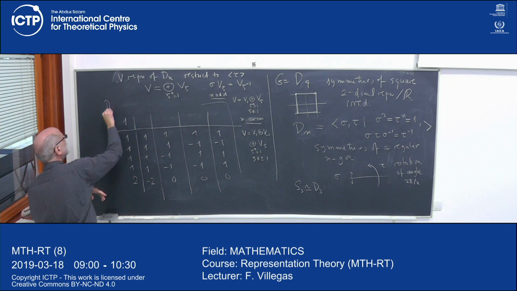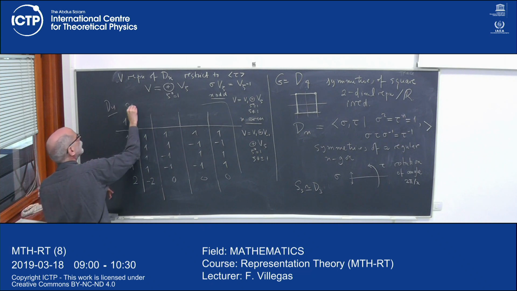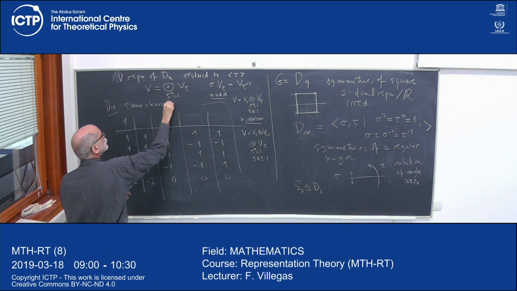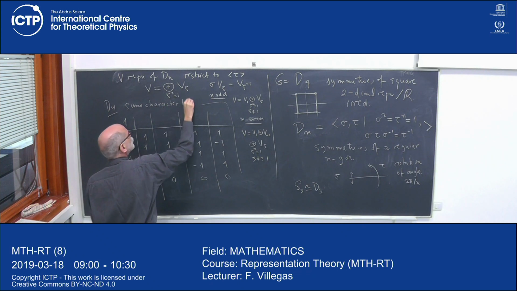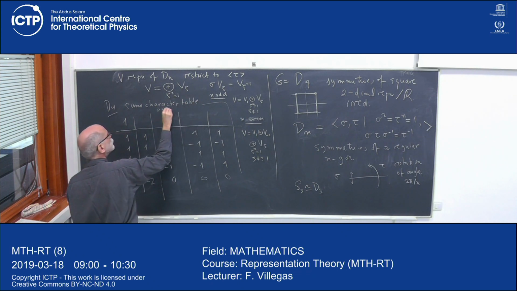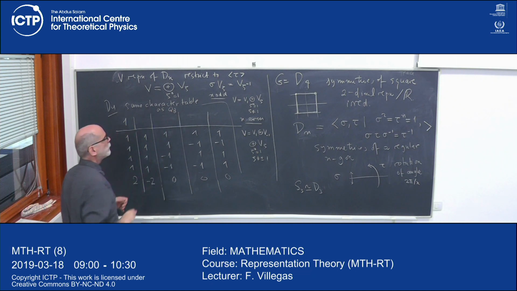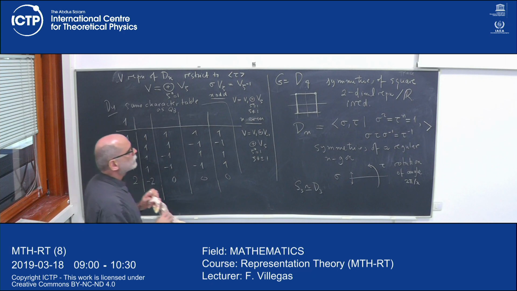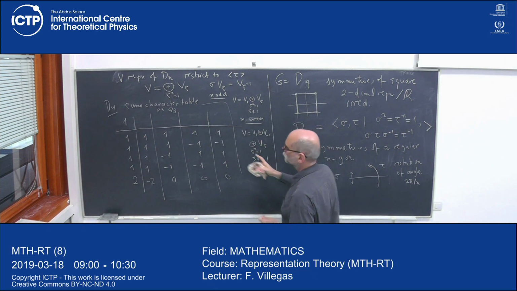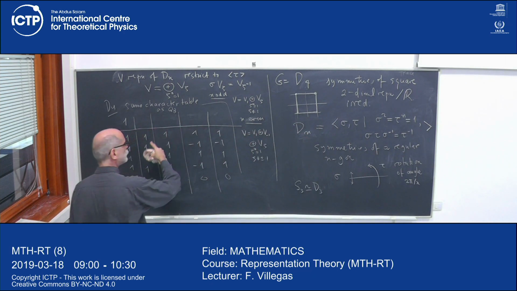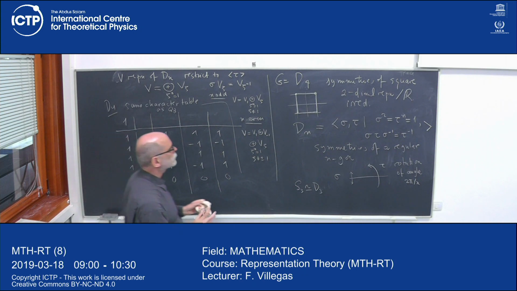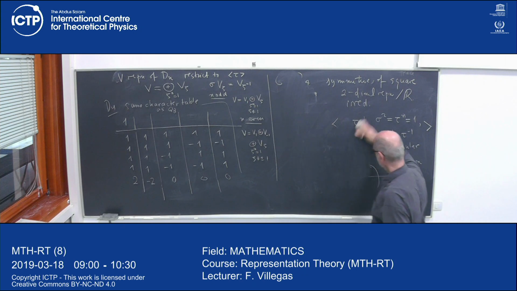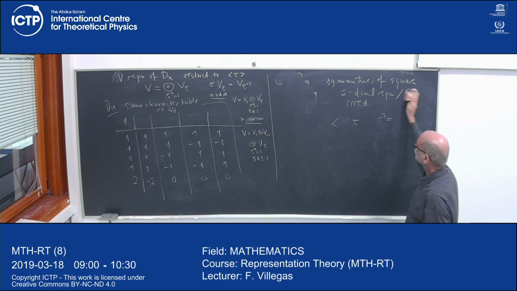So for D4, you're going to have the same character table as Q8. What changes is how the multiplication in the group moves these columns around. The columns are the same, but the operation in the group will do something different to the conjugacy classes.